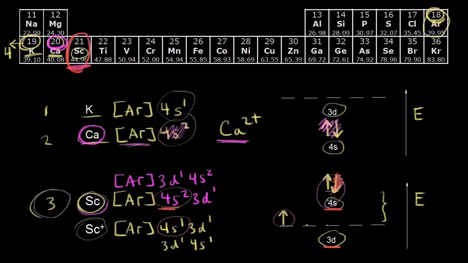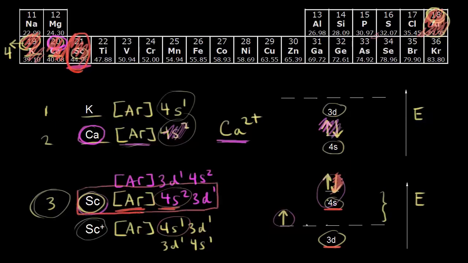If you're doing noble gas notation, the noble gas that precedes it is, of course, argon right here. And so that takes care of the argon portion. And then looking at the periodic table, you would say, oh, this could be 4s1, 4s2, 3d1. So that gives you the correct electron configuration, argon 4s2 3d1.